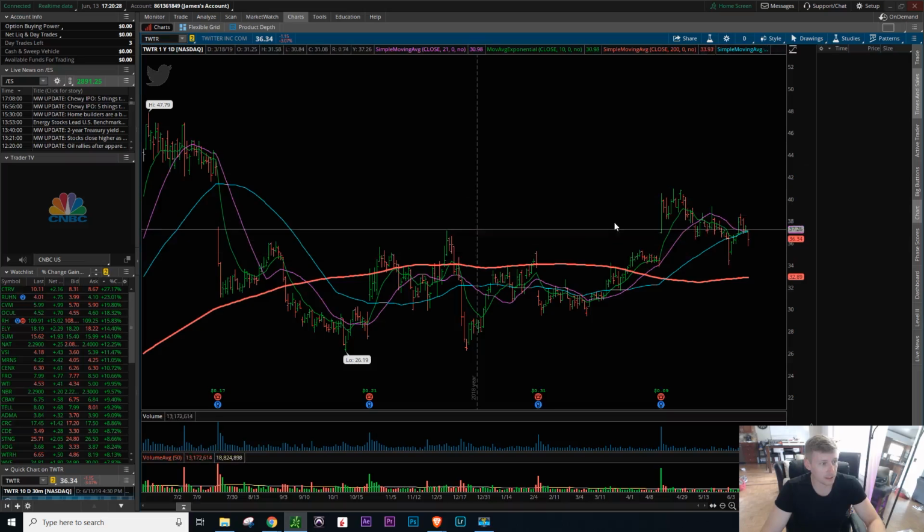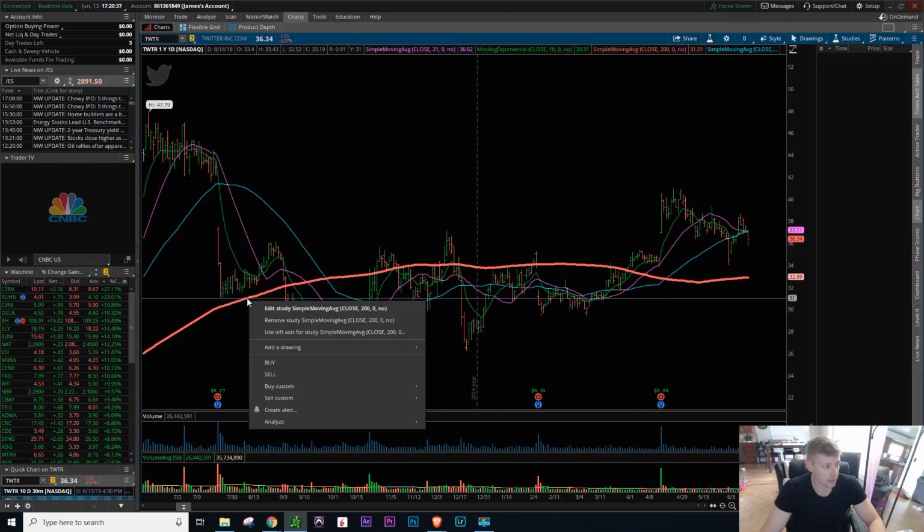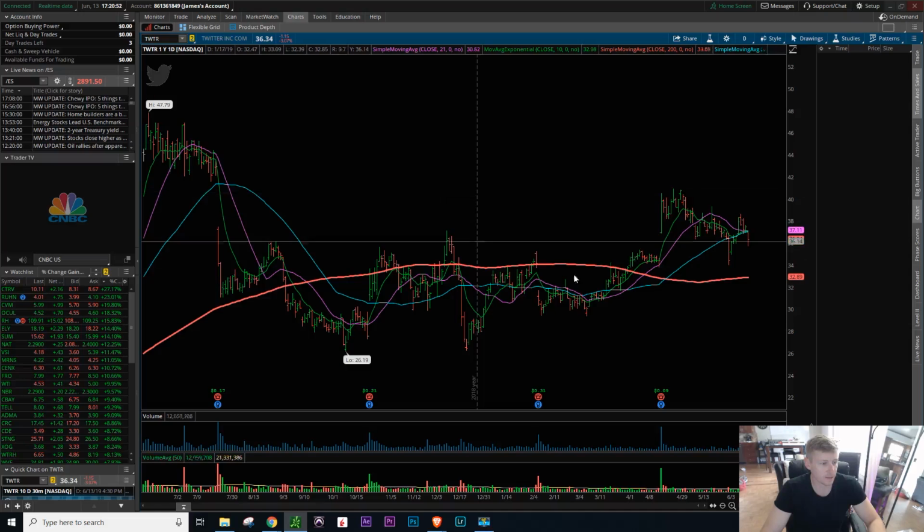Now, the other thing you're going to notice is there are some indicators currently on here, and they are moving averages. So you can go in here, I'm right clicking, and it's saying it's a simple moving average. It's based on the close. The 200 is the period. 0, I think, is the offset. It doesn't matter.